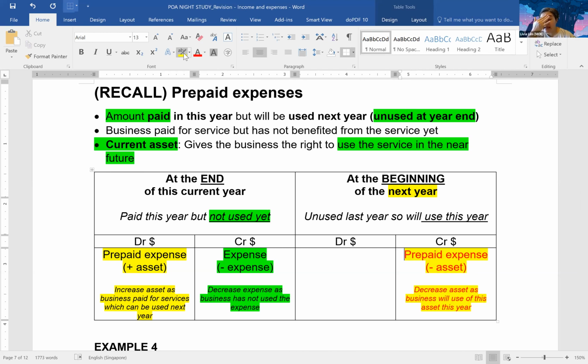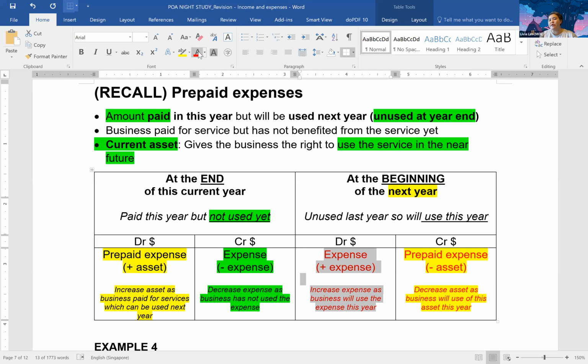At the beginning of the next financial year, your accountant will also say, I remember last year there was this prepaid expense. I paid already, but I haven't used it yet. When am I going to use it? I'm going to use it this year.